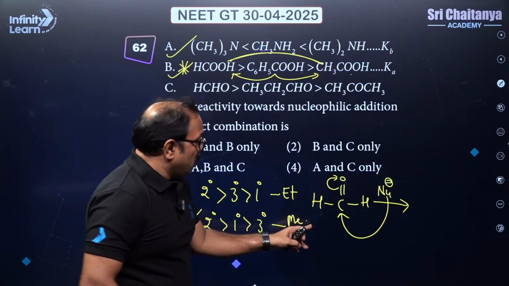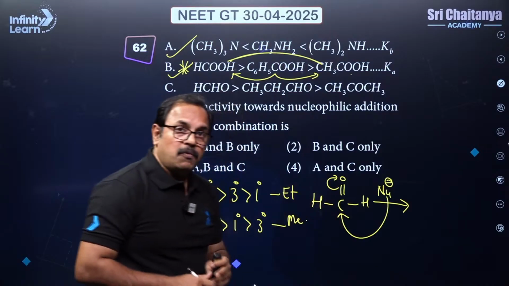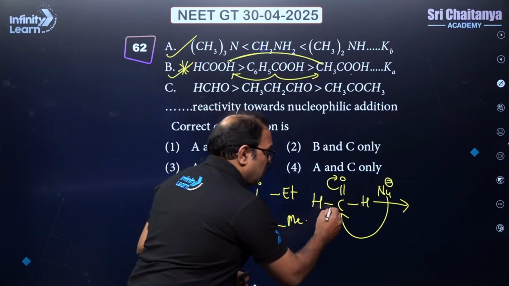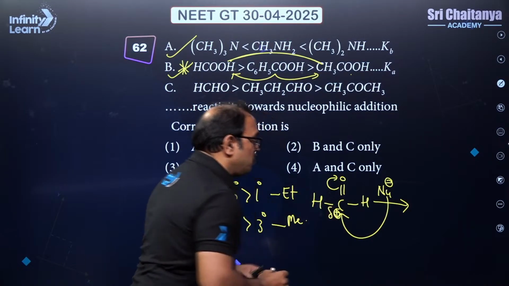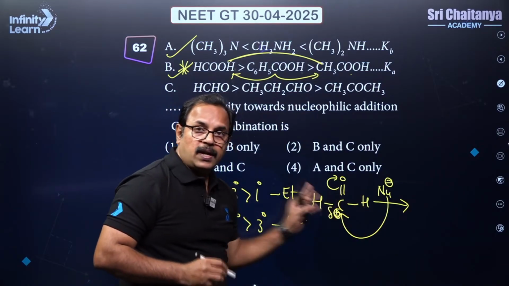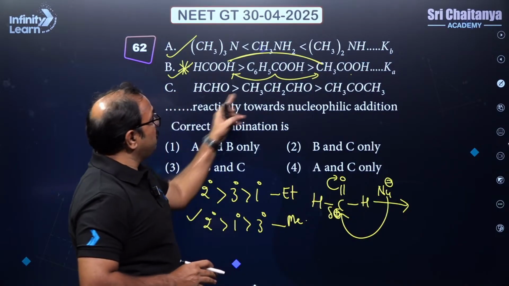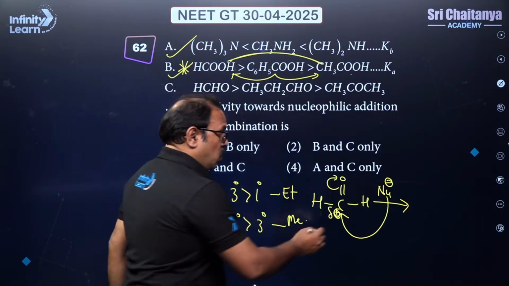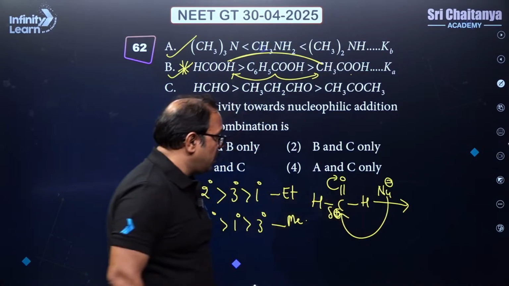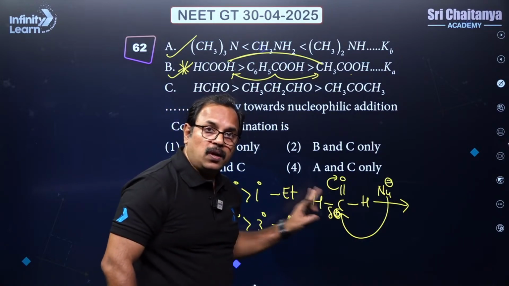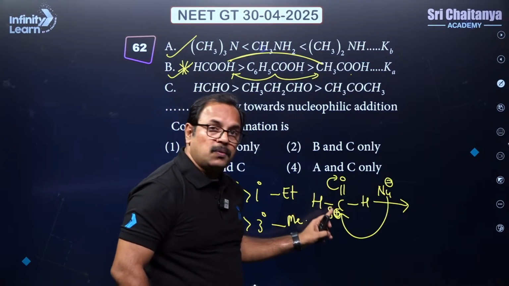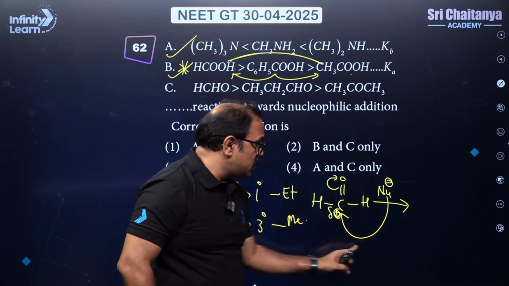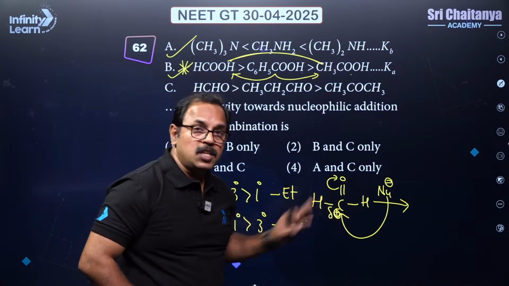So now here the carbon in the case of formaldehyde has a positive charge which is not much compensated by the neighboring attached hydrogens. Whereas in the case of ethyl groups and two methyls, the very instinct of this addition is derived from the positive charge on the carbon. The greater the positive charge on the carbon, the greater will be the tendency for a nucleophile to get attached to this C plus.